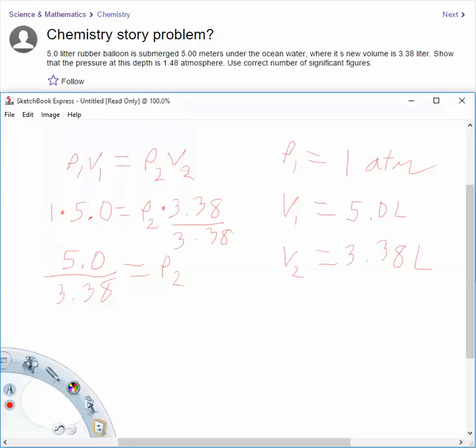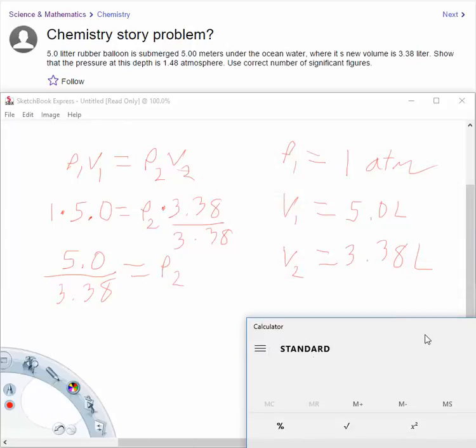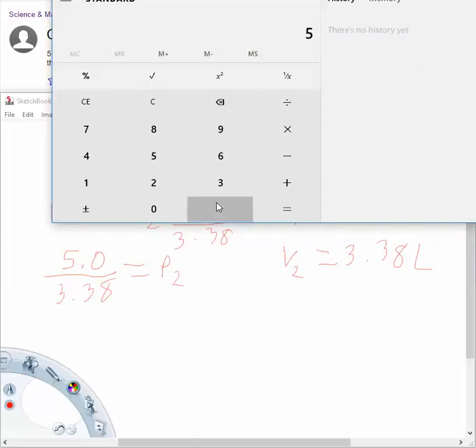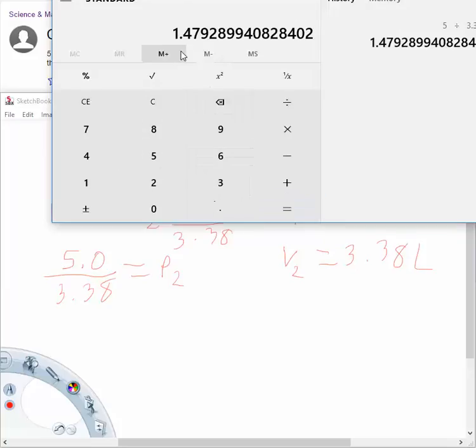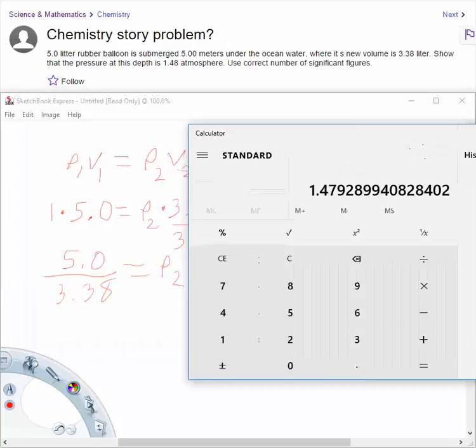Alright, so now what we need to do is 5.0 divided by 3.38. Alright, and so that's 1.48. So it's the same answer.